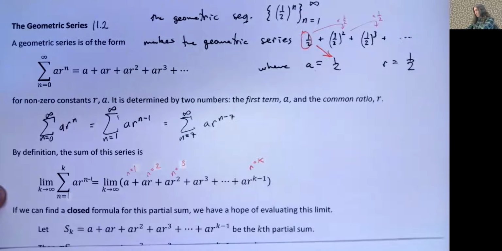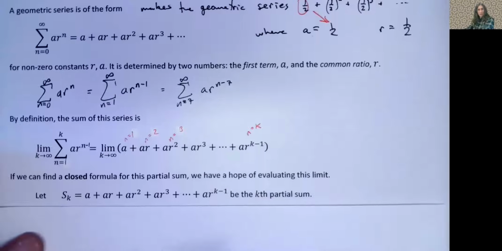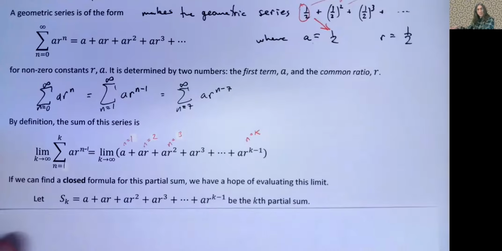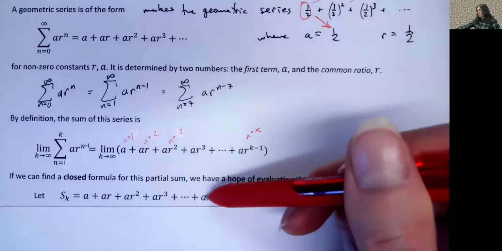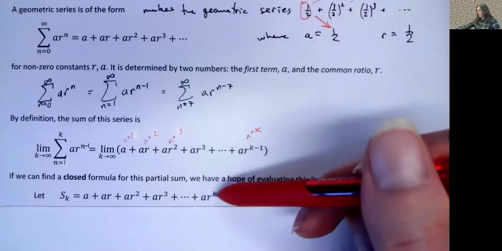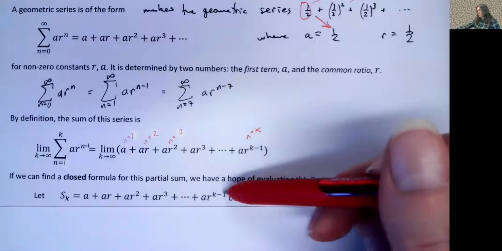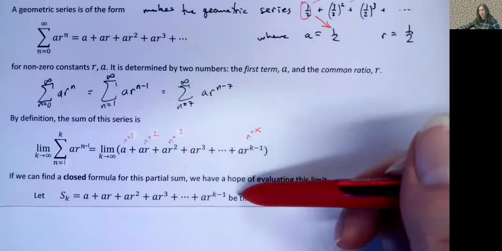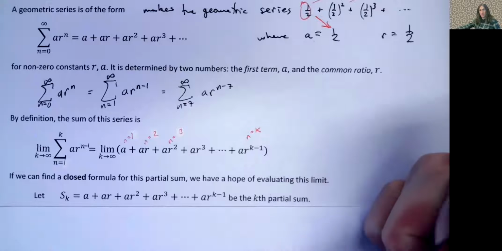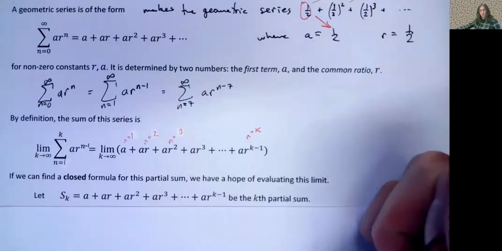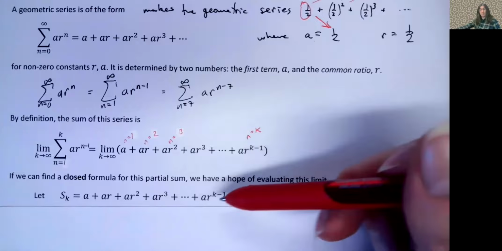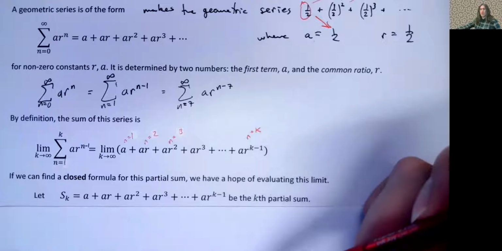So what that actually means is, to get from one partial sum to the next, I just need to have one more term here. And a times r to the k would be my next term if I had added one more term. So instead of adding that new term, let's multiply by an r.